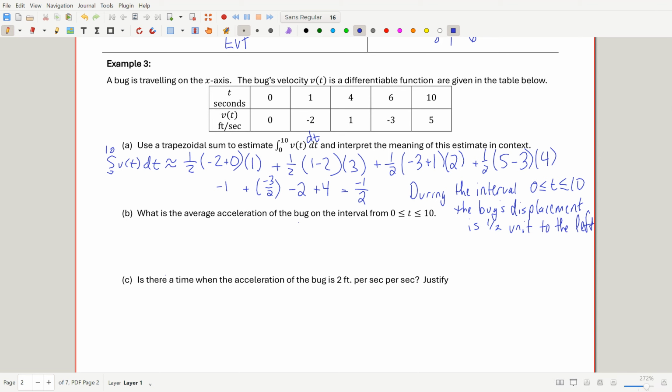The way I'm reading it, during the interval from 0 to 10, the bug's displacement, I like the way it sounds better if I say from t equals 0 to t equals 10, the bug's displacement is 1/2. So I'll just fix that up. Cool.